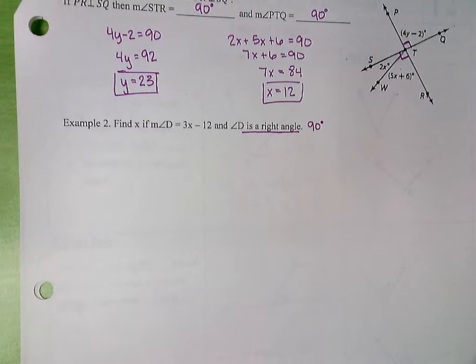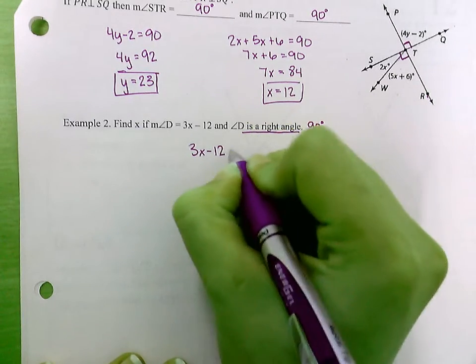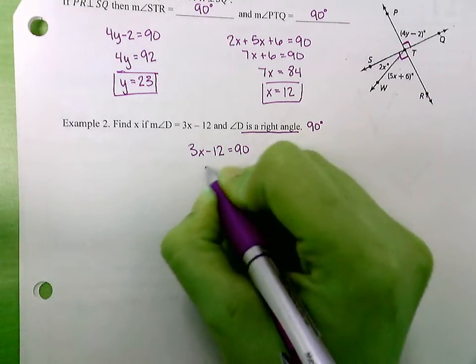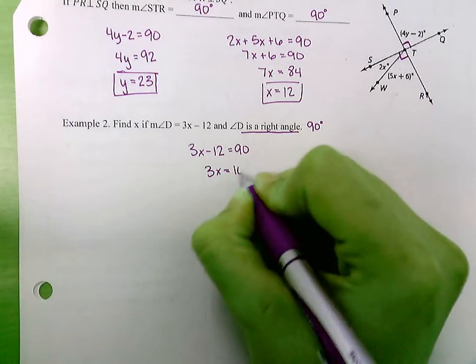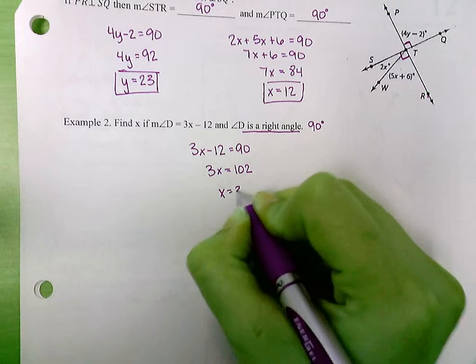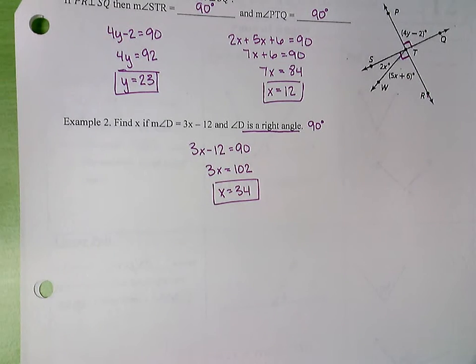Since I'm given this equation for angle D, I can just set 3x minus 12 equal to 90. I'll add 12, so I have 3x is equal to 102. Divide by 3, and x is equal to 34.